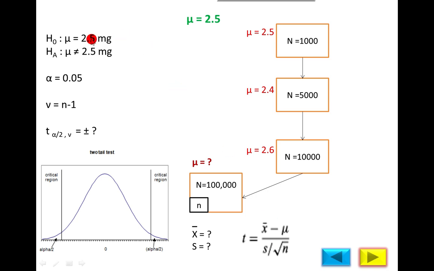And if this is equal to the same value, 2.5 milligram, and the level of significance alpha we suppose is 5% probability of error, if you select this sample and the decision is to accept the null hypothesis, this may be wrong with 5% probability of error, because if you select a sample from this part, the result may be different.